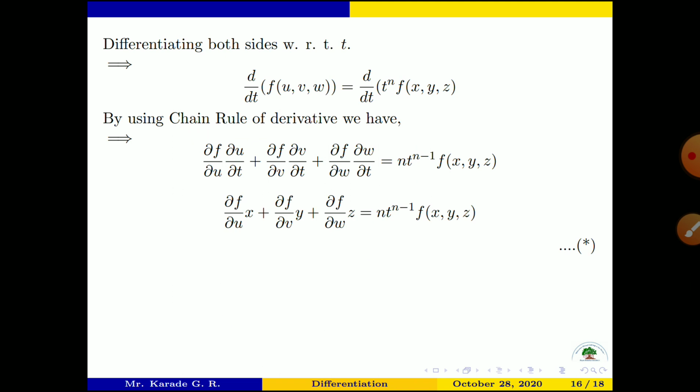So ∂f/∂u into x, where x is the derivative of u with respect to t, because u is xt and the derivative of xt with respect to t is x. Plus ∂f/∂v into y plus ∂f/∂w into z is equal to n into t raised to the power n minus 1 into f(x, y, z).